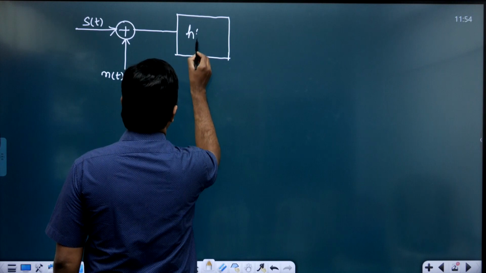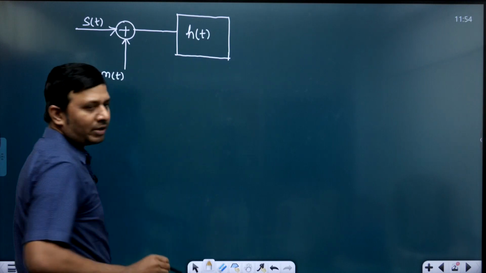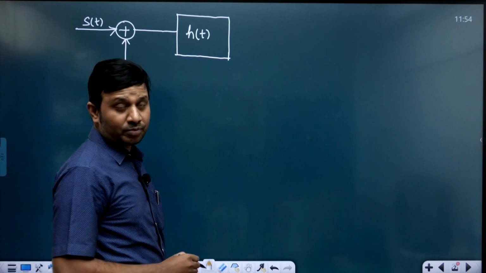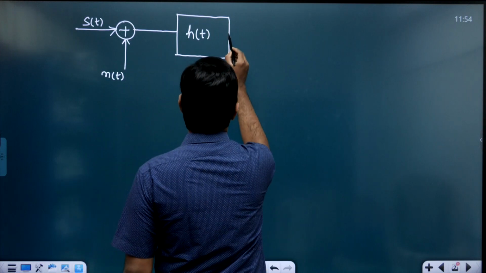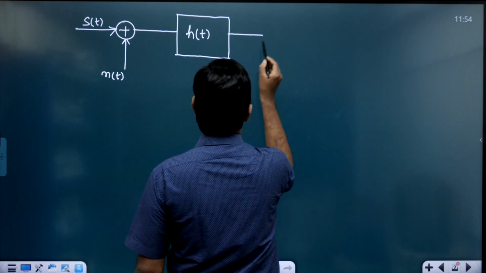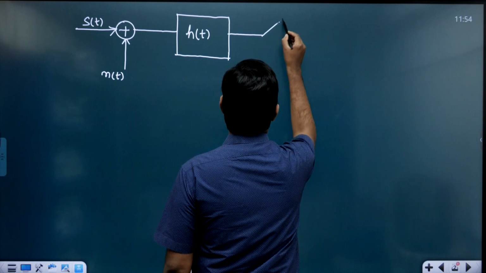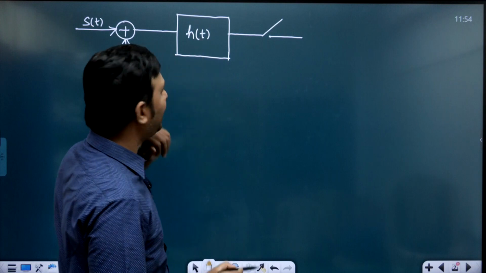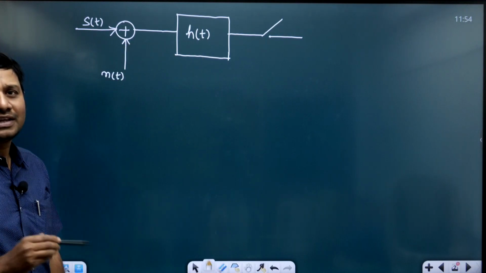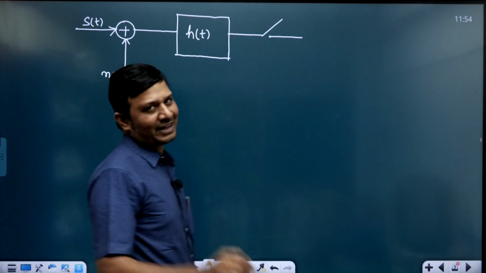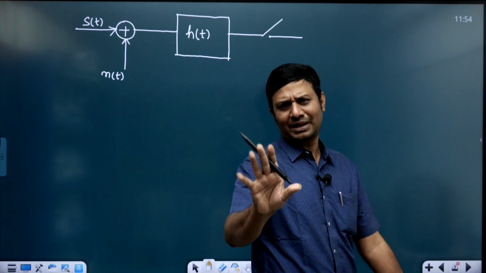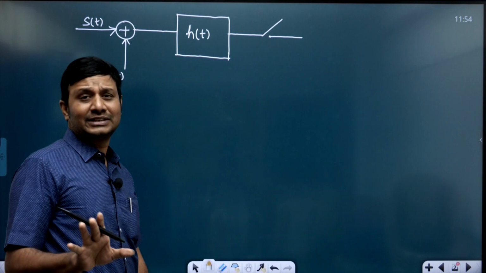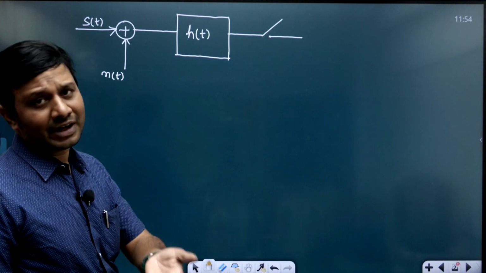It is an LTI system with impulse response h(t), and the output of the matched filter is sampled. What is the purpose of this matched filter? It must increase the signal to noise ratio of the received pulse. Simple. And it also tells us the instant where we have to sample.